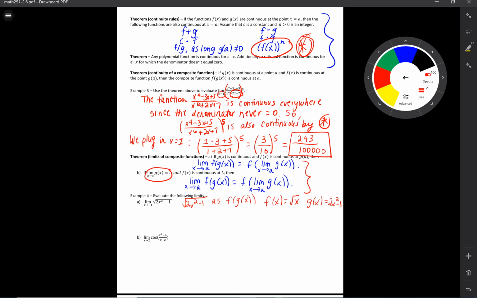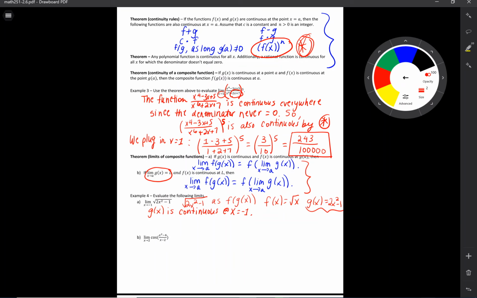Well, that is true. This function is continuous. It's a polynomial. So g of x is continuous at the point x equals -1. So we're good there. Now I need to make sure that f of x is continuous at g of a. In this case, g of -1.